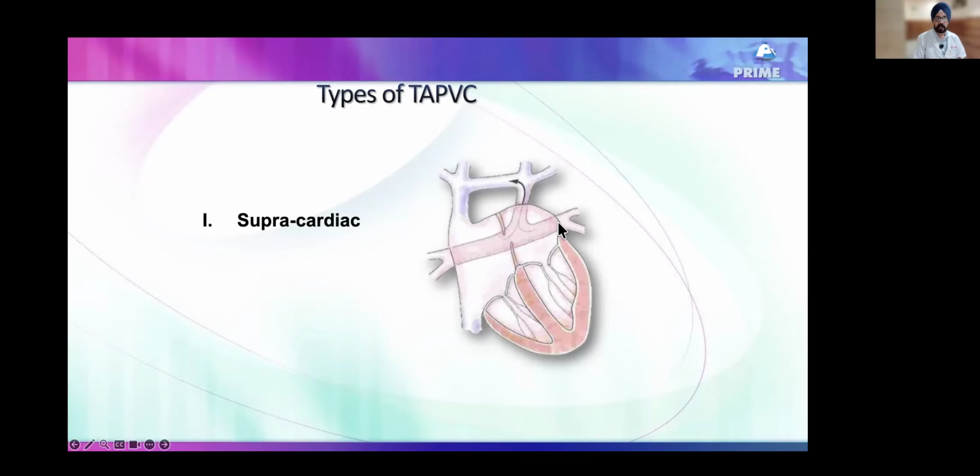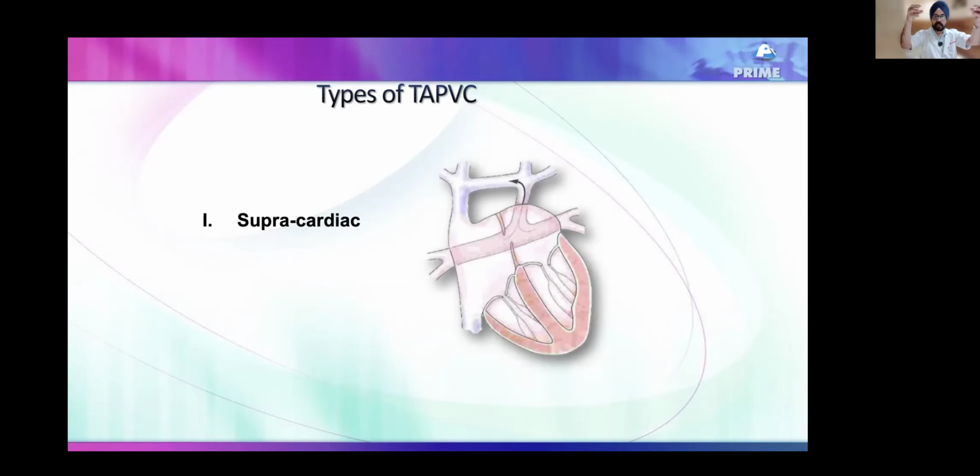Normally, embryologically, the pulmonary veins develop from the lung buds. Okay, and there is a left atrium, and the pulmonary veins join to form a common chamber. That common chamber connects with the right atrium, and its walls get absorbed.